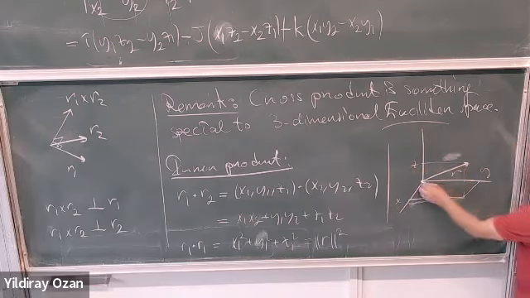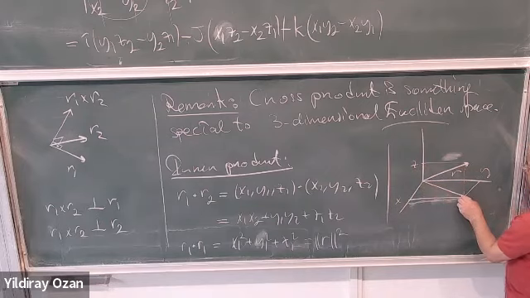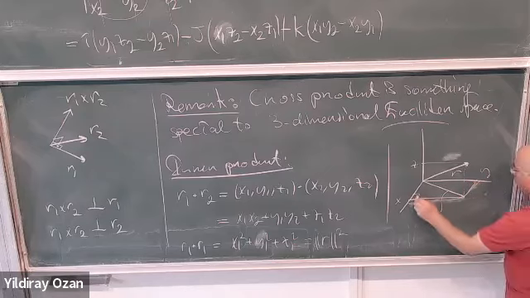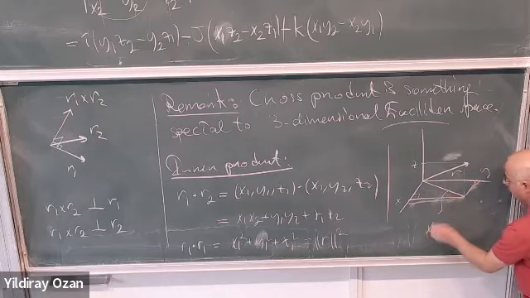What is the length of this vector? Well, I can compute it as follows. I have this vector here. What is the length of this? Well, this is a right triangle, and this is the hypotenuse, and the length here is just the square root of x squared plus y squared.